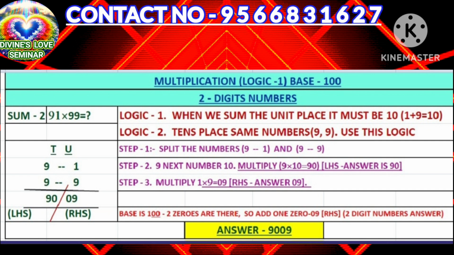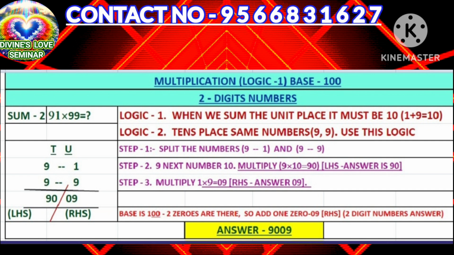Here only 9 is there, 1 digit, so we are adding 0. 09 is the answer. The full answer is 9009.